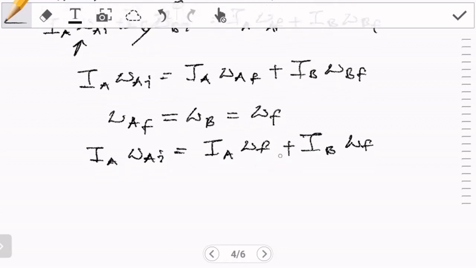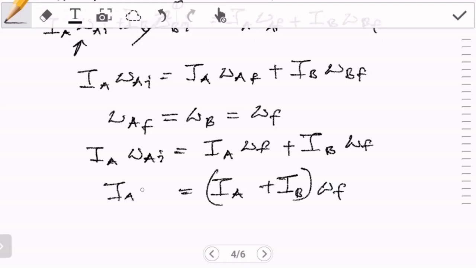Now we can easily factor out the angular velocity final. So we remain with the moment of inertia for the merry-go-round plus the moment of inertia for the man, and then we have the angular velocity after collision outside.